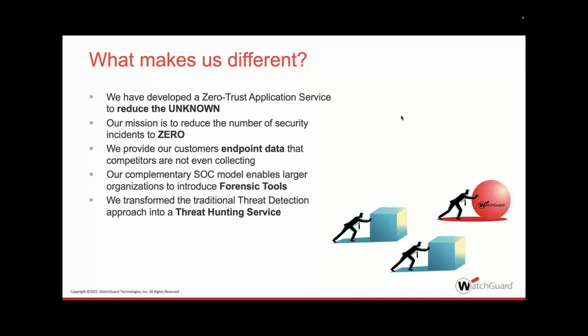While we are worried about file-based malware with the Zero Trust Application Service, the threat hunting service, which is at the core, again, of the way we do endpoint security, is how we deal with those other vectors. And when I say these services are at the core, it also means that the Zero Trust Application Service and the threat hunting service, and this is also a differentiating factor, do not mean an additional premium cost, an additional premium license or managed service cost that's an add-on to endpoint detection and response licenses.